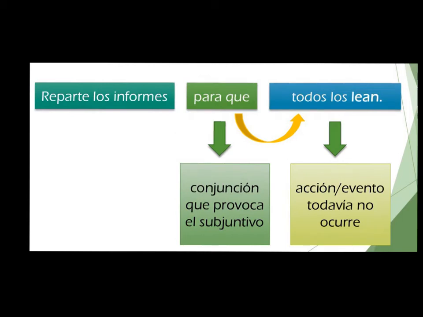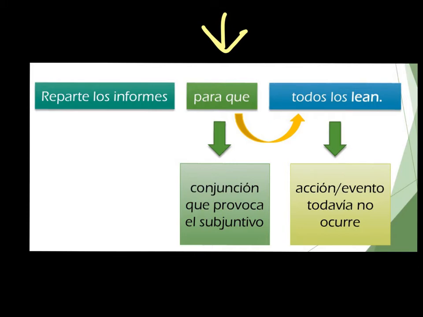Okay, here we have the sentence reparte los informes para que todos los lean. Okay, la conjunción es para que, and it is one of those conjunctions that are always followed by the subjunctive.